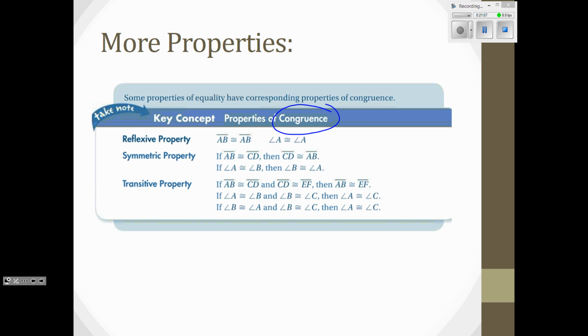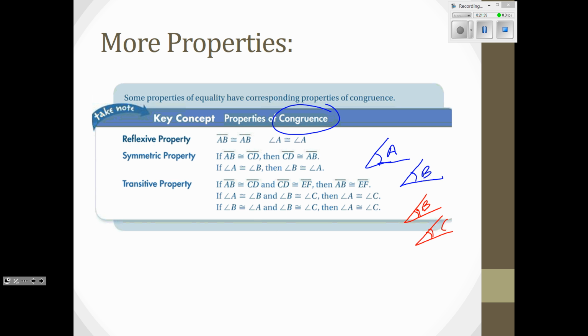Again, that doesn't seem like it's groundbreaking information for us, but that's what the symmetric property means. The transitive property is the one where people get the most mixed up. If I were to tell you that angle A is congruent to angle B, and I also were to tell you with a different picture that angle B is congruent to angle C, then we know that angle A and angle C are congruent to each other, even if they had different markings.